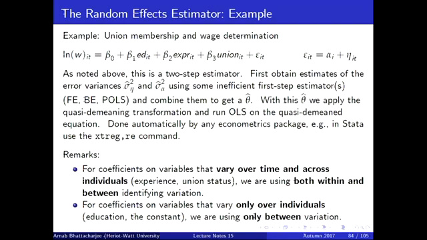Instead of RE, if you put in FE, you'll get fixed effects. If you do BE, I think you get between effects. There is a way of getting the between effects estimator; what the exact command is, I've forgotten now.